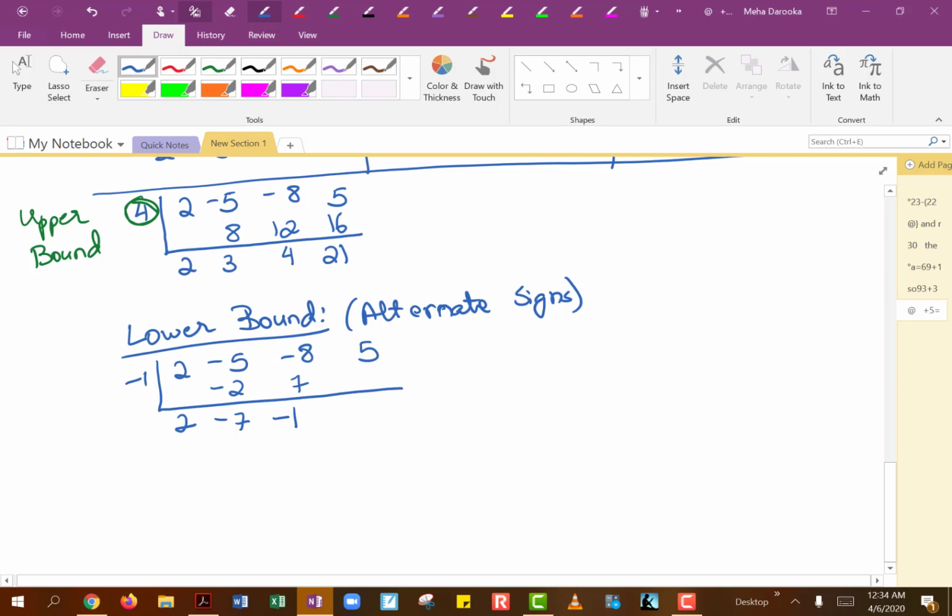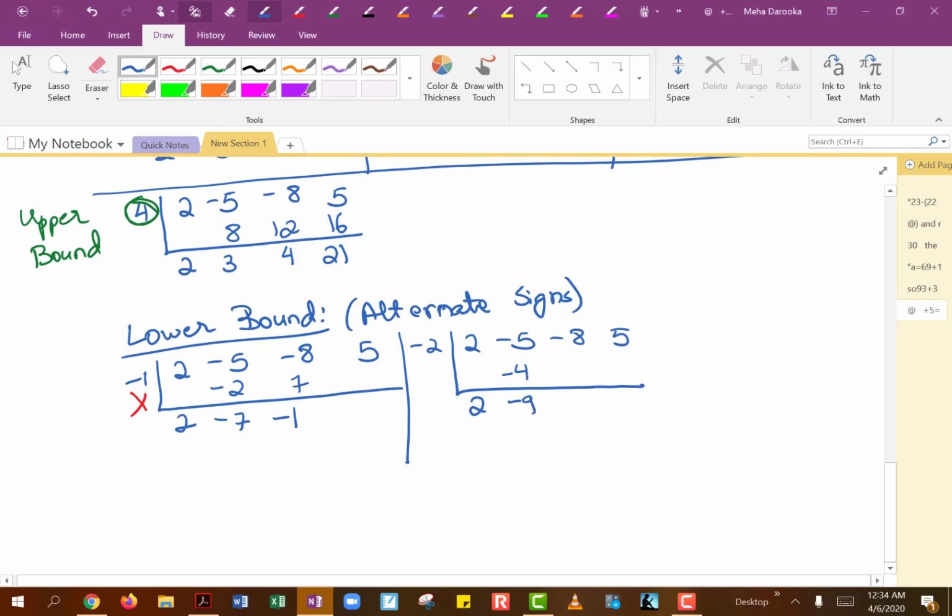So no alternating sign here, which means negative 1 actually is not our lower bound. Now let's try it with negative 2. We have 2 minus 5 minus 8 positive 5. Bring down the 2. 2 times negative 2 is negative 4. Negative 5, negative 4 is negative 9.